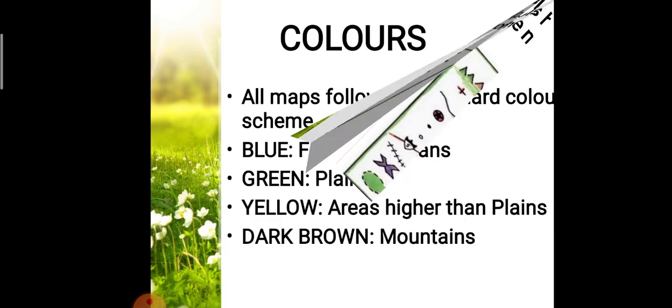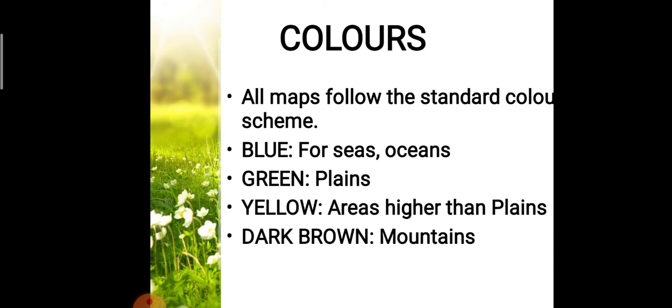Now let's discuss the colors. Colors are very important. All maps follow the standard color scheme. Like in the maps which I have shown you here in this presentation, you must have observed that different colors are used to represent different locations. Like blue color is used to show the water bodies, seas and oceans. Green color is specifically used to show the plain areas.